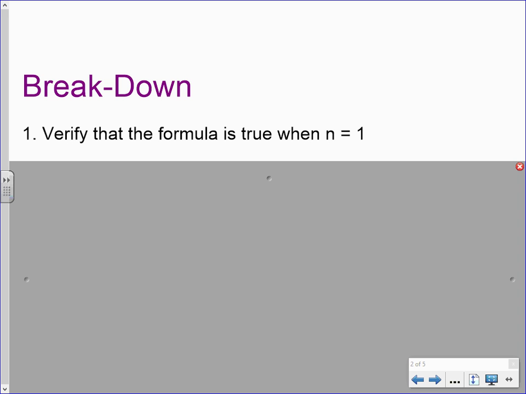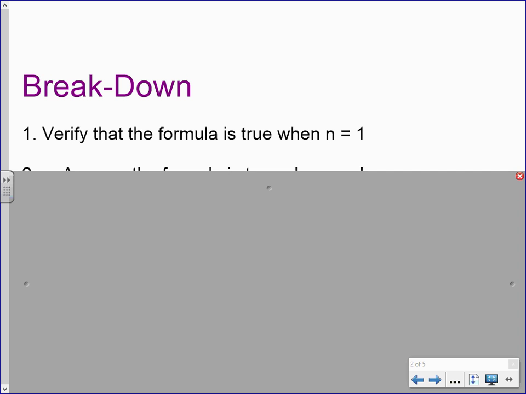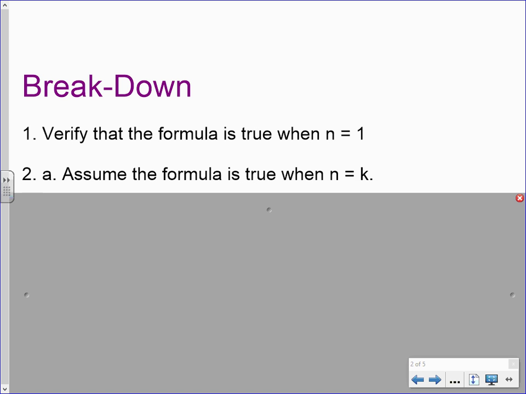Then we're going to move into the k and k plus 1 stuff. So you are going to write the word assume, and then you're going to write the formula in terms of k instead of n.